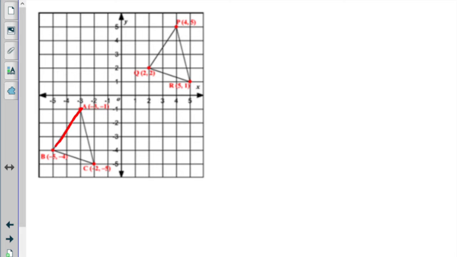I'm going to start with side A to B, and we are going to show the distance formula. I'm going to show the details with this first distance formula, but I don't want you to lose the big picture. The big picture here is that we want 3 pairs of sides that are matching.